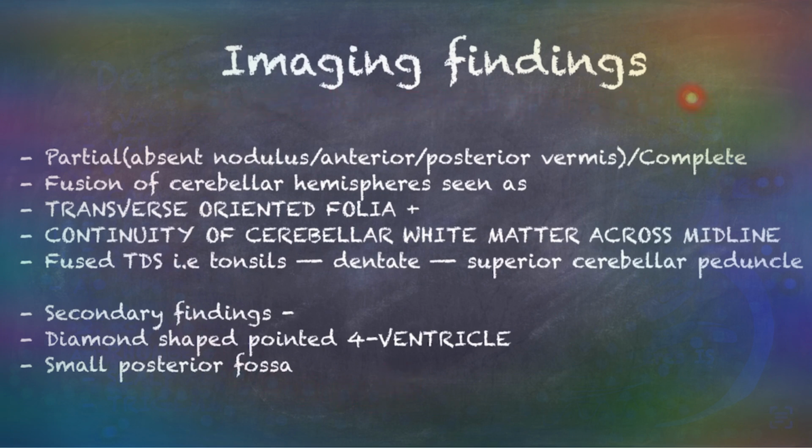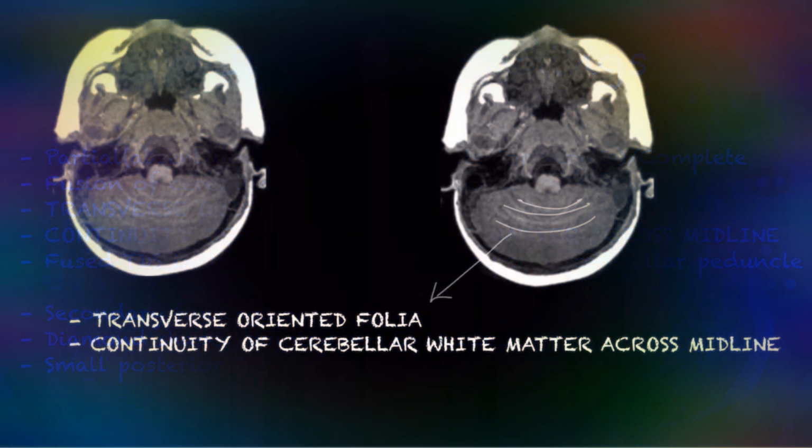So these are the imaging findings. Now you know there is nothing to ratify here. Everything is just in the nomenclature. That is absent vermis, which will lead to fusion of cerebellar hemispheres, which indirectly gives these findings, and the secondary findings in the form of a diamond-shaped fourth ventricle and small posterior fossa.